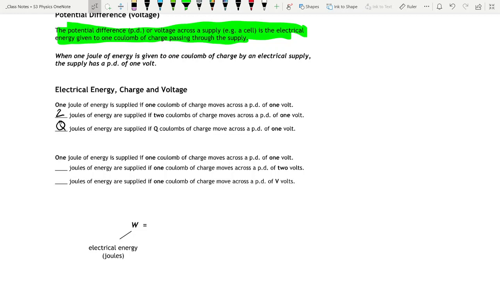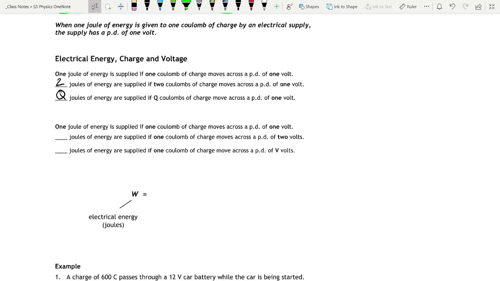So this next one says 1 joule of energy is supplied if 1 coulomb of charge passes across a potential difference of 1 volt. But if 1 coulomb of charge passes across a potential difference of 2 volts, so I give every person that passes me 2 sweets, then there would be 2 joules of energy in the entire cross country if 1 person has passed me.